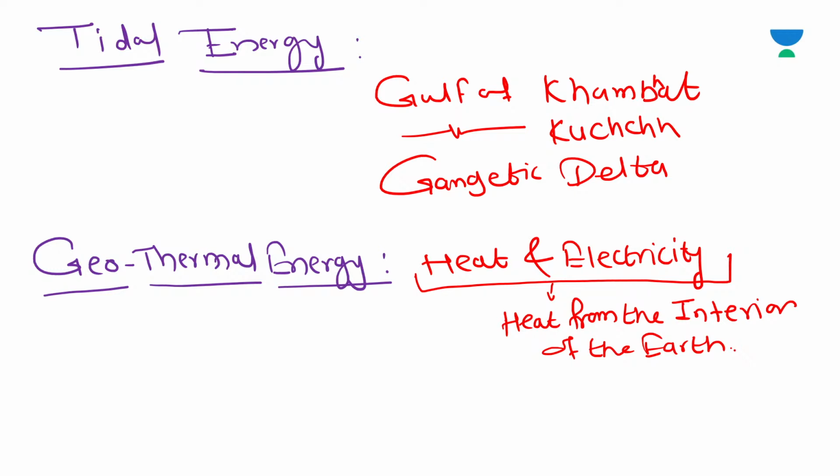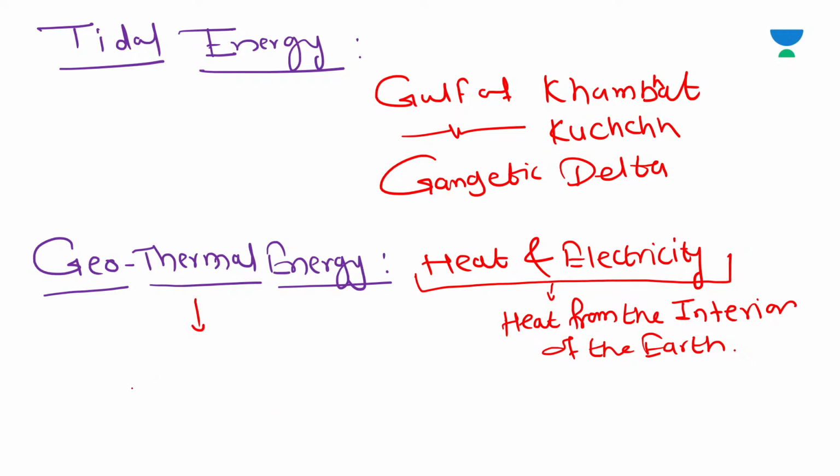So there are several hundred hot springs in India which could be used to generate electricity. So two experimental projects have been set up in India to harness geothermal energy.